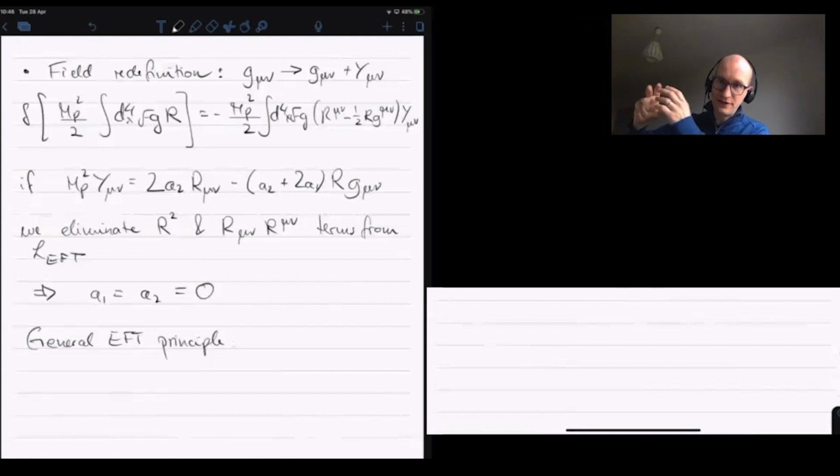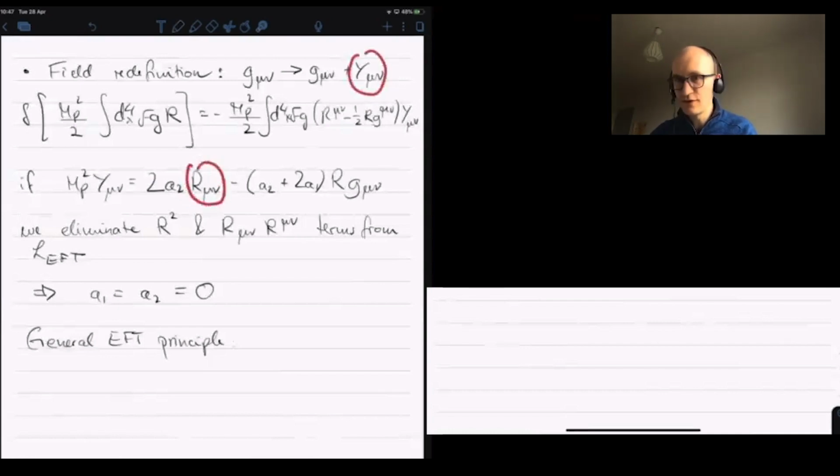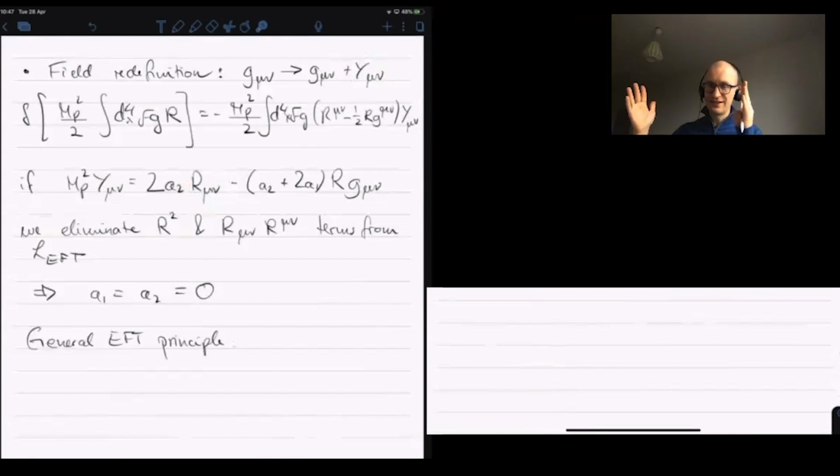So if you redefine what you call the lowest order fields, for example, by terms proportional to derivative interactions, you see, we shifted this lowest order term by adding something which is second order in derivatives. Then you generate terms that are higher order in derivatives, and that shifts the coefficients of what's higher order in derivatives.